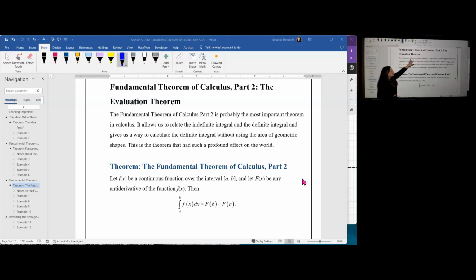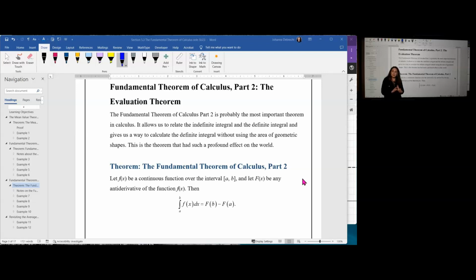The Fundamental Theorem of Calculus Part 2 is the way that we're going to relate the indefinite integral, the antiderivative function, to the definite integral, the area between a curve and the independent axis. In other words, the fundamental theorem puts these two very different types of integrals together and relates them.